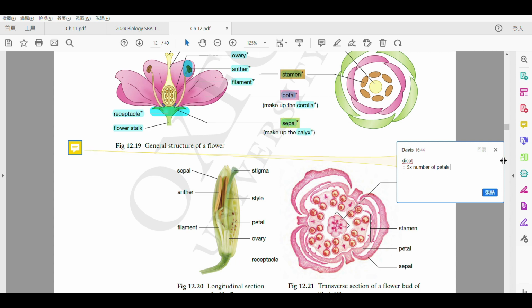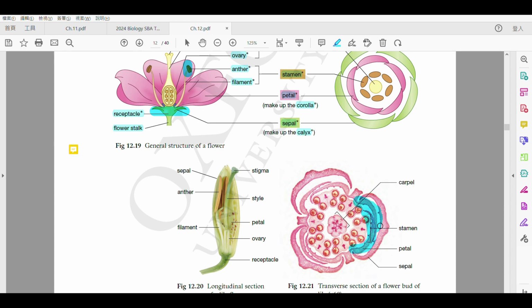Alright? And below, when we look at this flower, it's called lily. It is a monocot. How do I know again? Now, can you tell me, how many petals are here? The answer is, start from here, 1, and then 2, 3, 4, 5, and then 6, right?